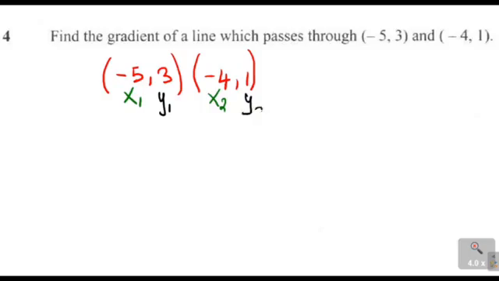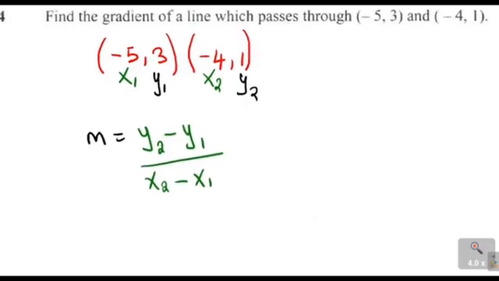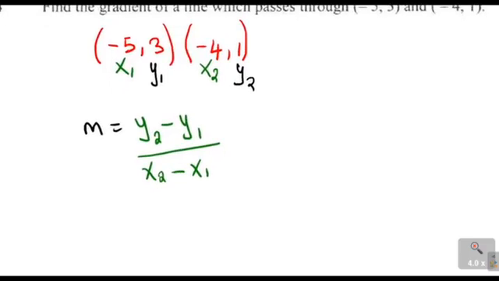So the formula for finding the gradient is m equal to y2 minus y1 over x2 minus x1. So from here, we are just going to substitute. Where there is y2, we are going to put a 1. Where there is y1, we are going to put a 3.